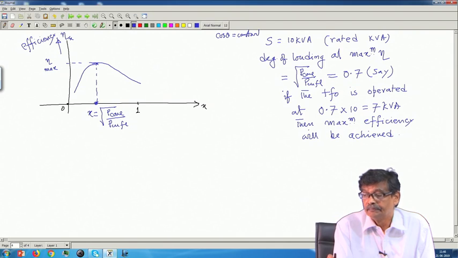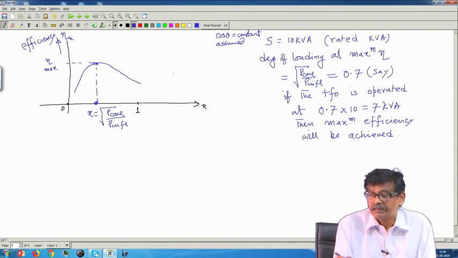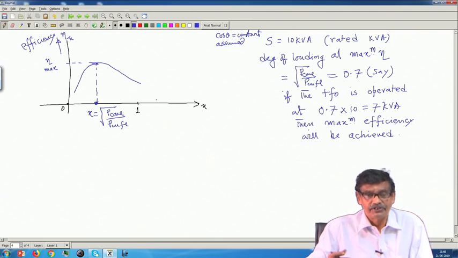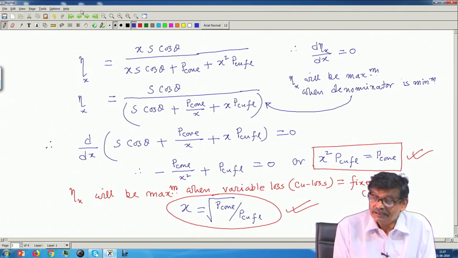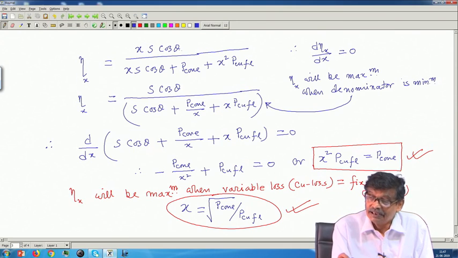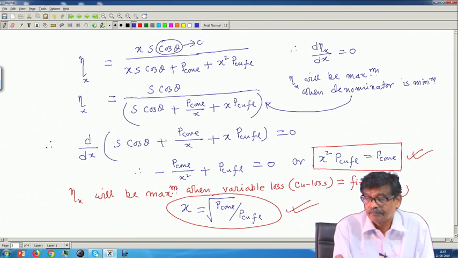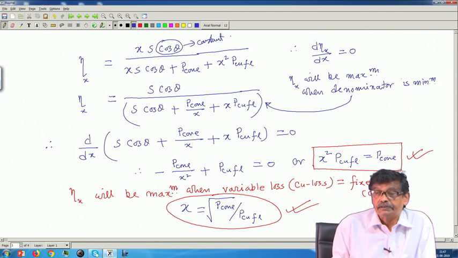That is why while disturbing, cos theta was kept constant, recall that this cos theta was assumed to be constant in this whole derivation.